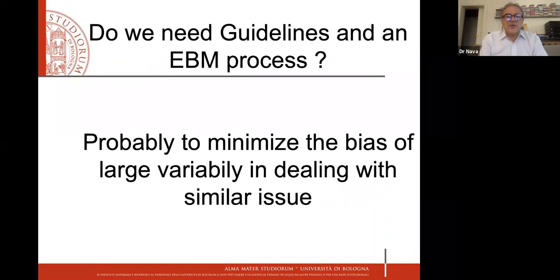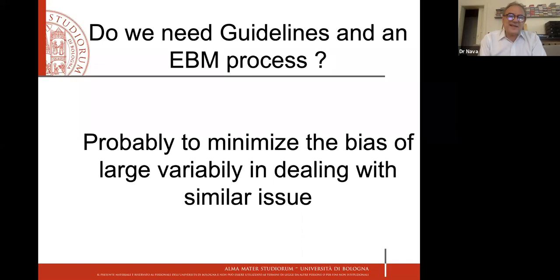Well, the first question that I posed when we joined together is, do we need guidelines? Do we need an evidence-based medicine process? We know our daily clinical practice, we know our job. Do we need someone else telling us what we should and should not do?